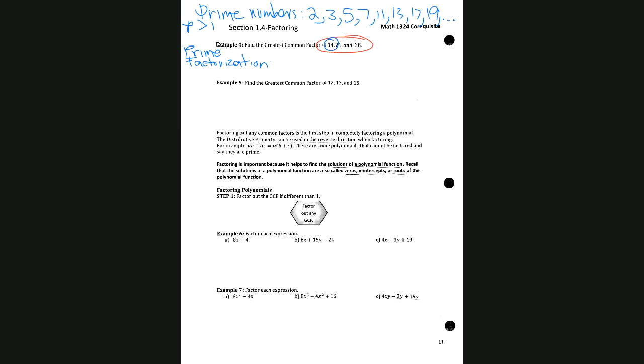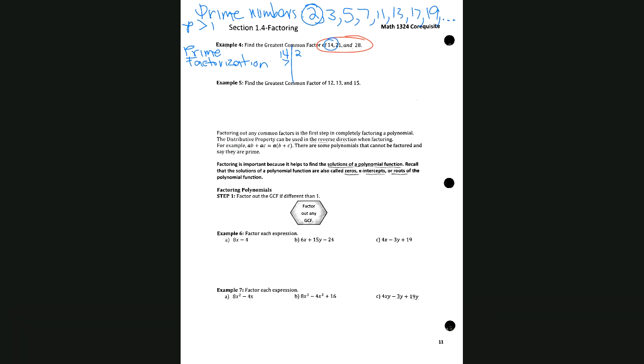So we start by factoring 14, and what I like to do is kind of like a vertical division. So we could divide 14 by 2 because it's an even number, and that will give us 7. So 14 divided by 2 equals 7.